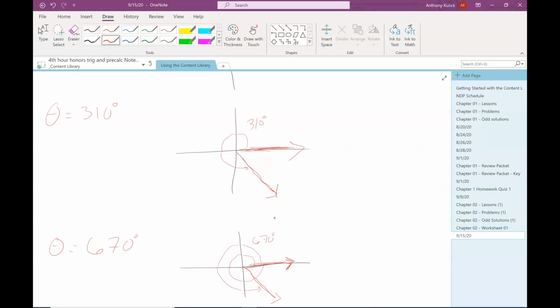What do you notice about these two angles here? If you just look at the pictures. Notice the initial side and the terminal side are in the exact same location, right? This little spot here is 40 degrees and that's 50 degrees in both drawings.